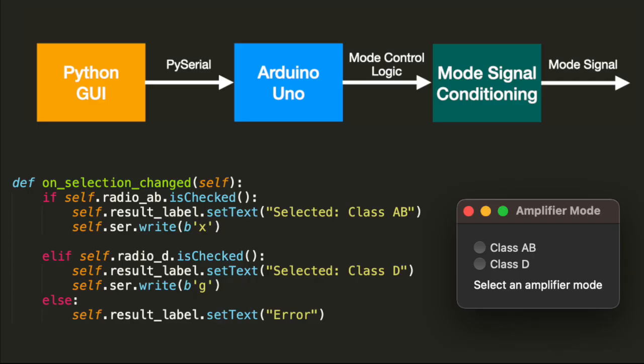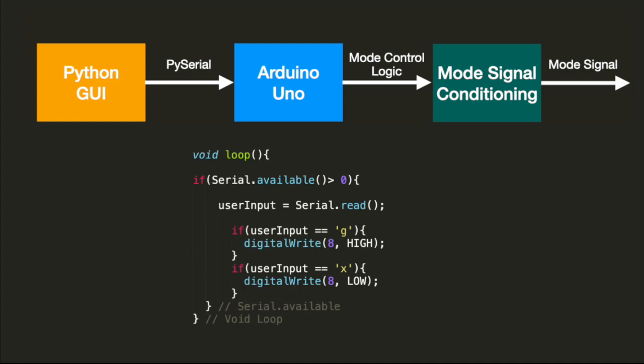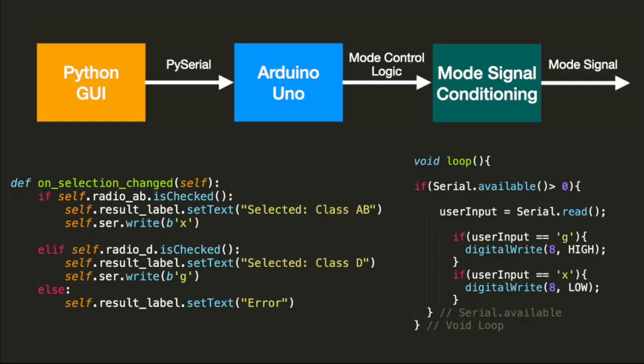The serial writes are one character letter that represents the user's selection. The Arduino code waits and monitors for that character, and depending on which character was transmitted, selects the proper value. Once that value is determined, the digital pin is either written high or low.